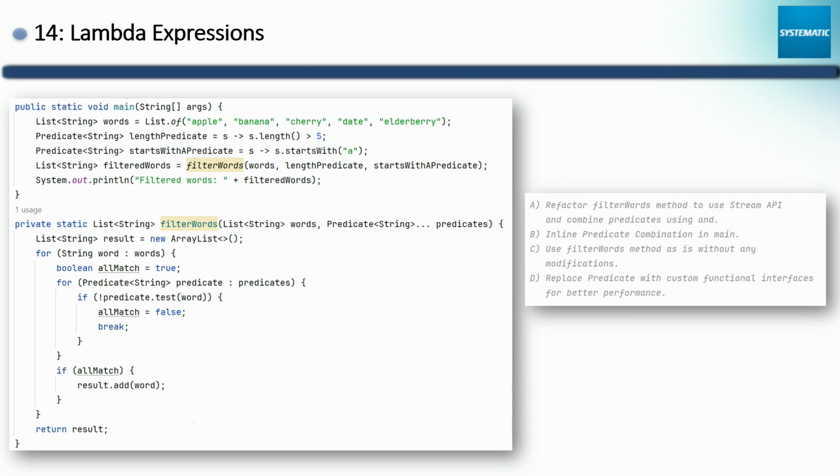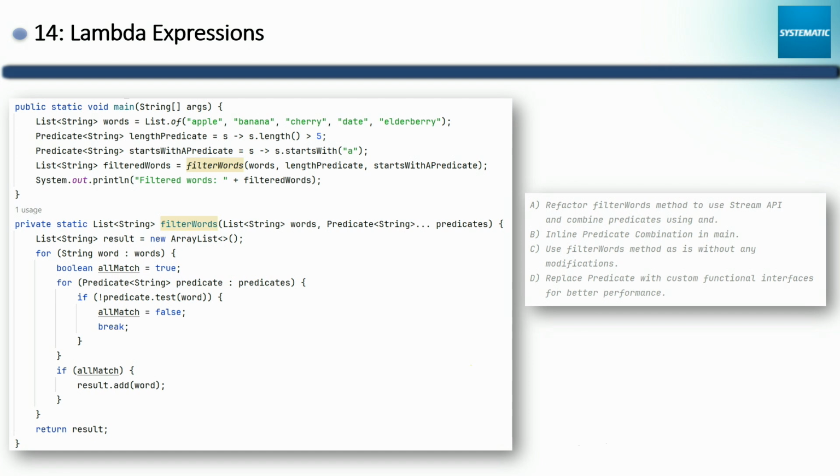So, as possibilities to improve it, option A: we can refactor the filter words method to use the stream API and combine predicates using AND. B mentions that perhaps inline predicate combination in main should be a better approach.